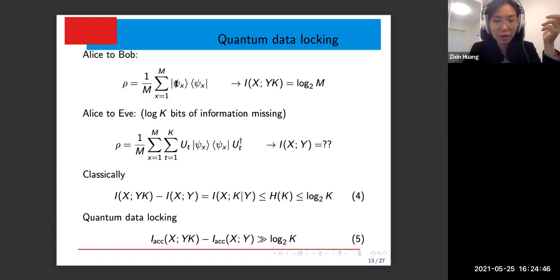So you have an average over all the different code words when Bob has access to the secret key. So we can write this as the mutual information between Alice and Bob, when Alice is holding the random variable X and Bob holds the measurement Y as well as the secret key K. Then their mutual information is equal to log m bits.